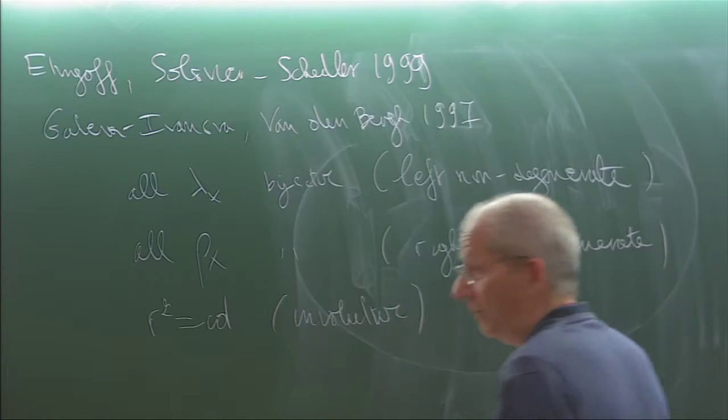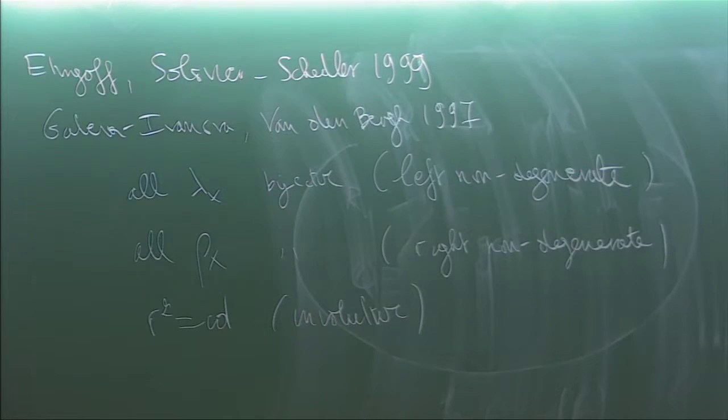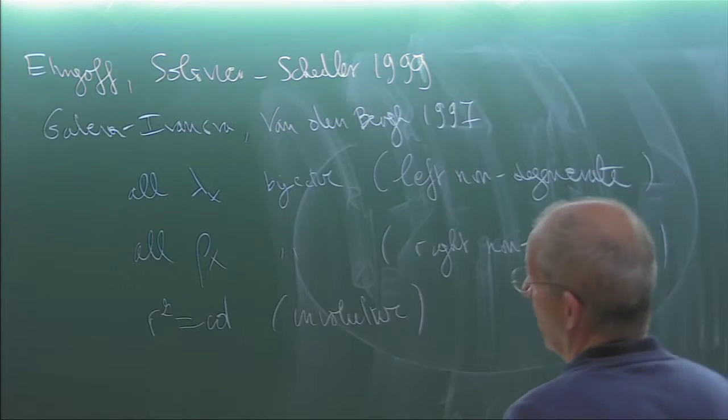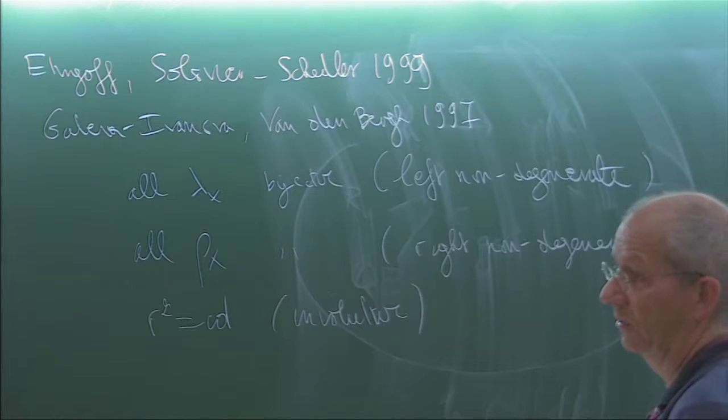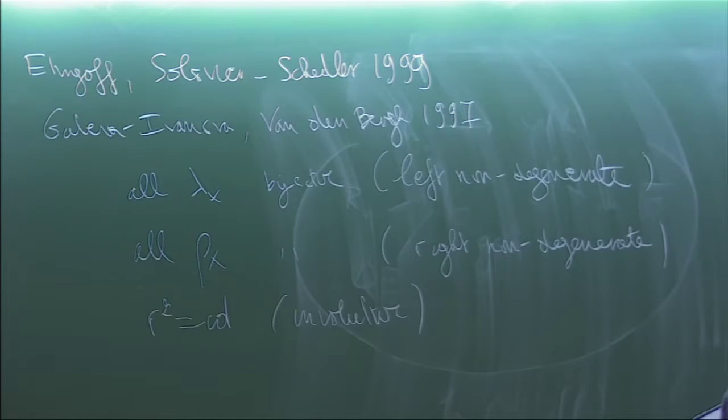Okay. Before I can state what they actually did, let me introduce now three objects associated to the solution. The first is the structure monoid.